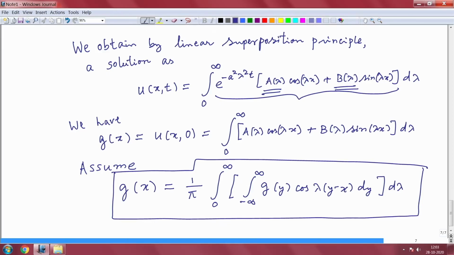Now what you do is you expand this cosine and express the integral similar to this. That is what we do.